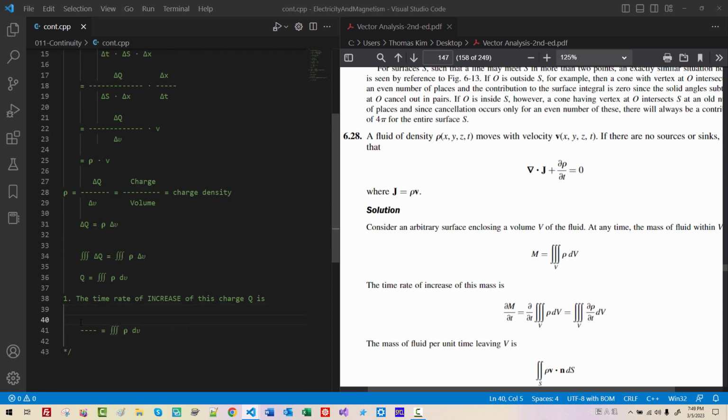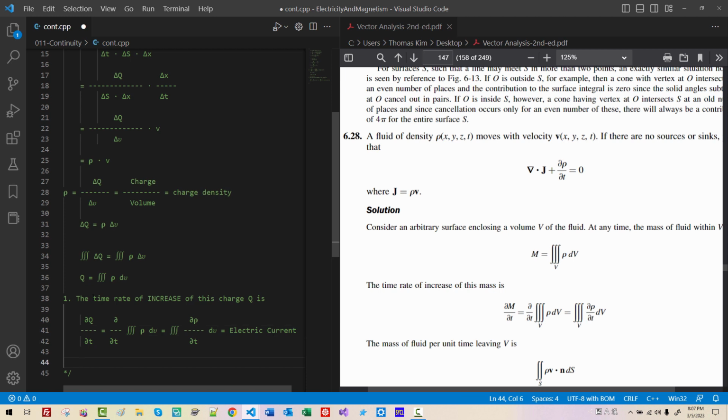So the derivative of Q with respect to t equals the volume integral of ∂ρ over ∂t dV. ∂Q over ∂t represents the time rate of increase of this charge Q. Please observe that ∂Q over ∂t, or delta Q over delta T, is electric current.